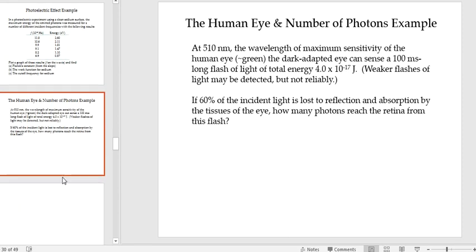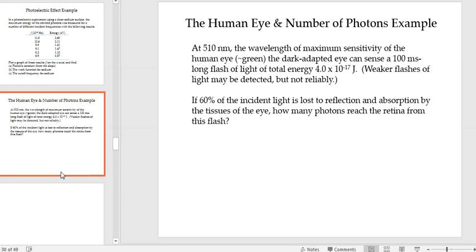Okay, so our last problem here is to look at the number of photons that we can actually see with our eyes. So I'll write down some numbers as we describe the problem. When the wavelength is equal to 510 nanometers, the wavelength of maximum sensitivity to our eye, that's around green, then if our eye is adapted to the dark, in other words, you've turned off the lights for a little while so your eyes get adjusted, we can sense a little pulse, about 1/10 of a second of light, that has a total amount of energy equal to 4 times 10 to the minus 17 joules.